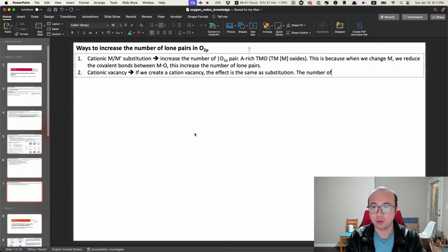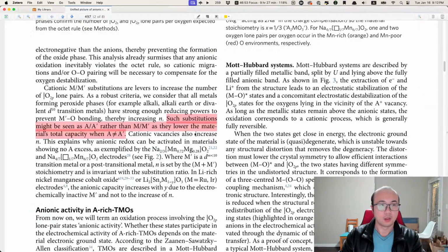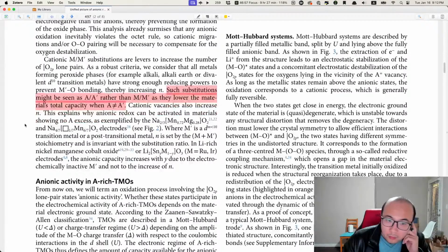This explains why ionic redox can be activated in materials showing no A excess.